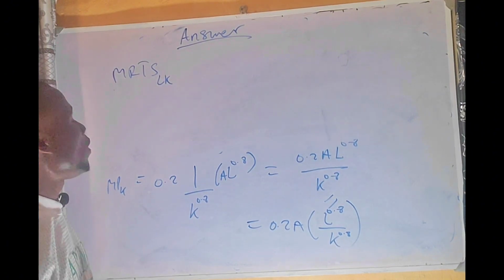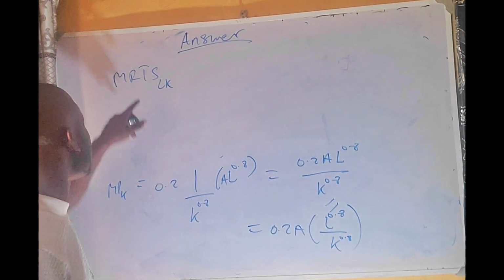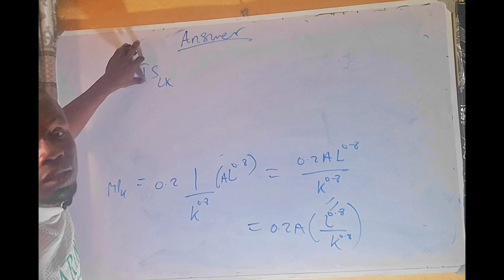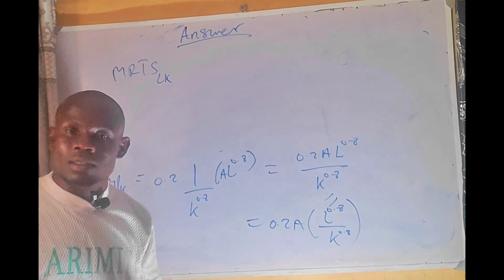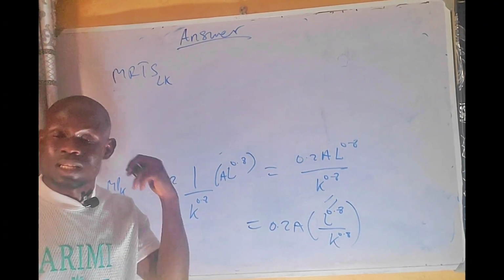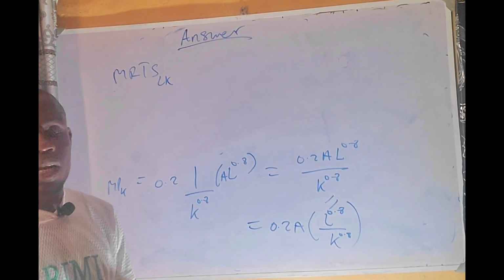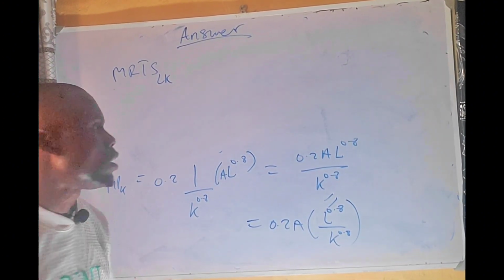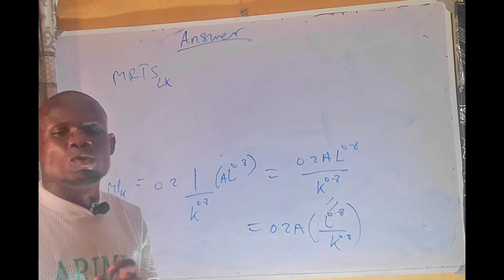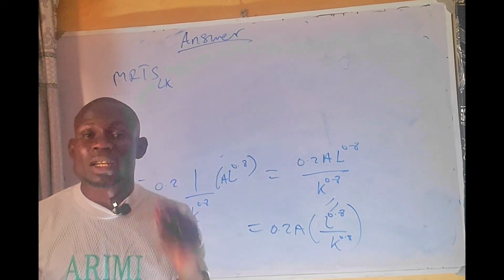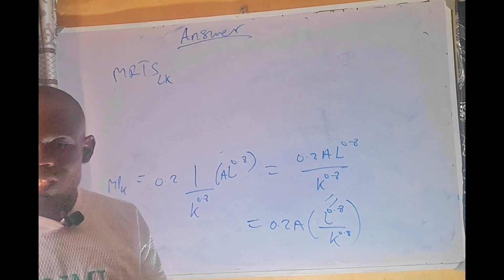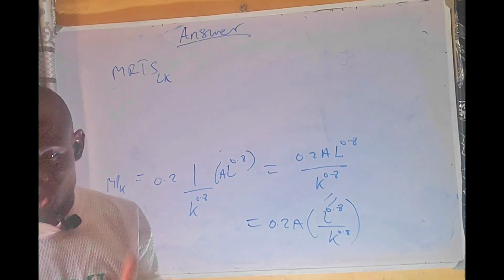In the question they wrote marginal rate, they didn't put the T there. You can put the T there because definitely this is what they are trying to say. It still doesn't matter, we already get the glimpse of what we are talking about. But there's a small difference between marginal rate of substitution and marginal rate of technical substitution in economics diction.